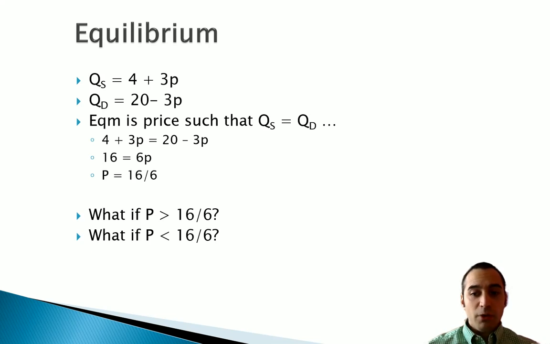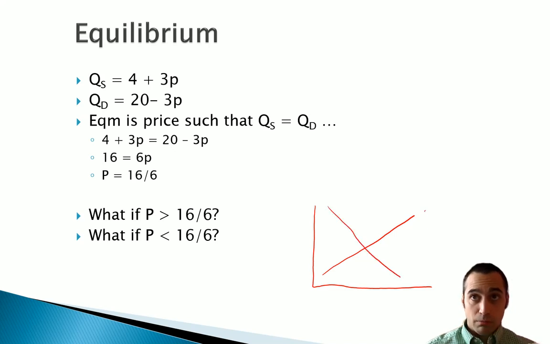Well, let's go back to the graph we had before. We know that when the price is 8/3, quantity supplied and quantity demanded are equal. So, if we set the price to be above this, we would note that demand were too low and supply were too high.